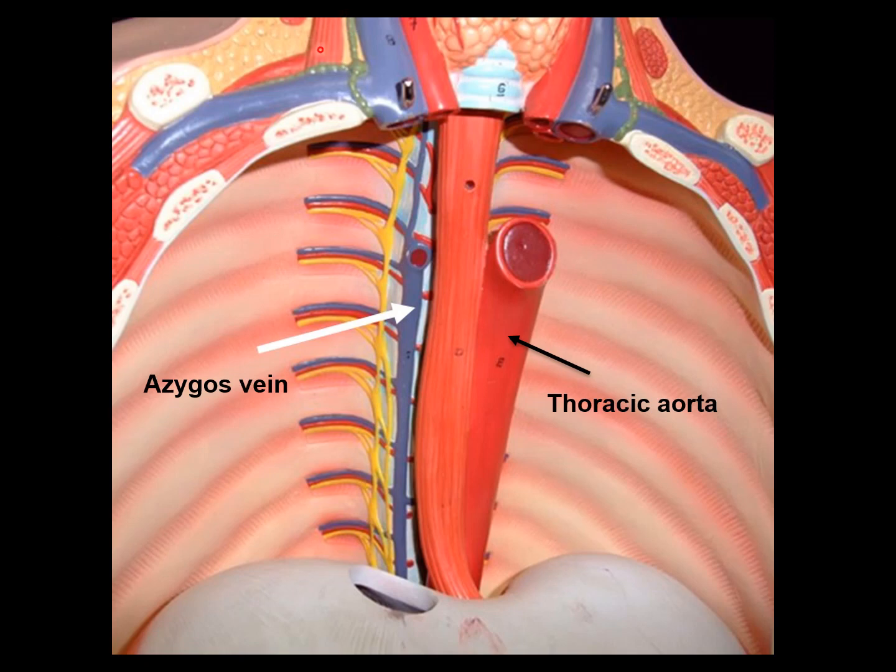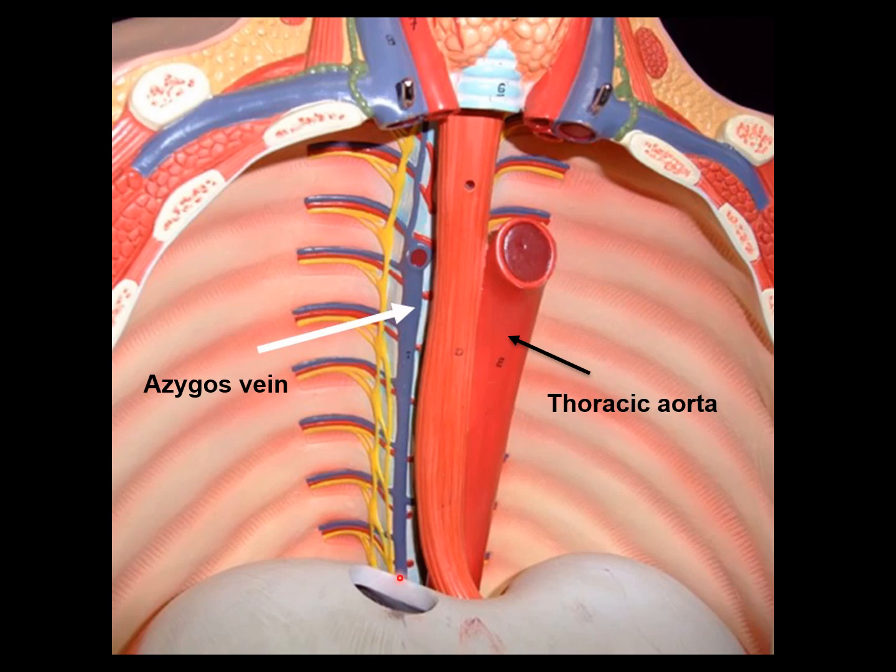So if we look at the thoracic cavity, we've taken out the lungs and the heart. Here's our diaphragm at the bottom of the screen, our esophagus running right through the middle of the screen, and then we have a couple of vessels. So here's our thoracic aorta that's coming off that aortic arch, the descending aorta.